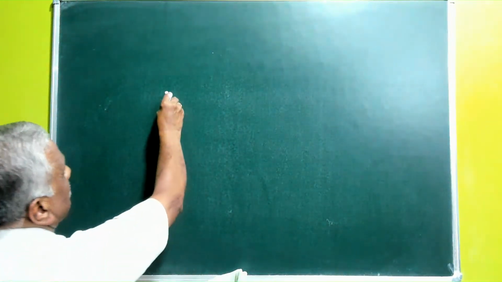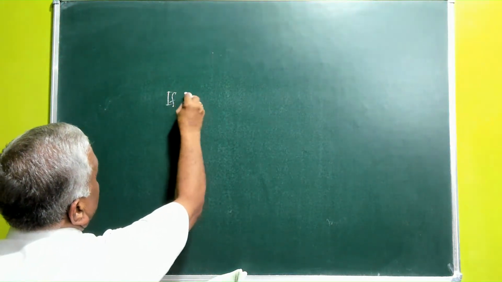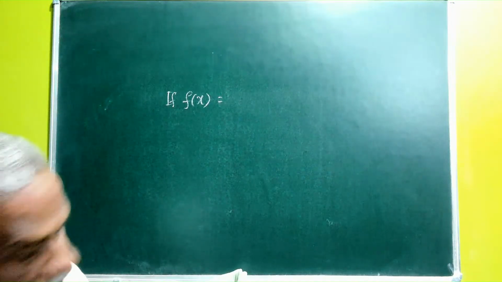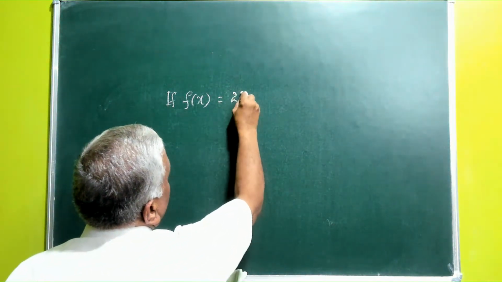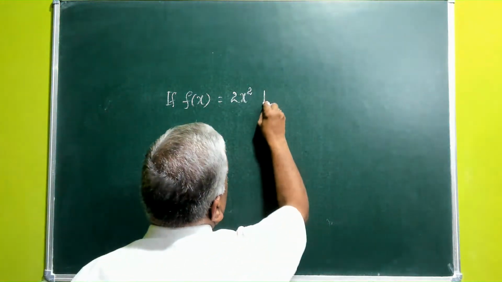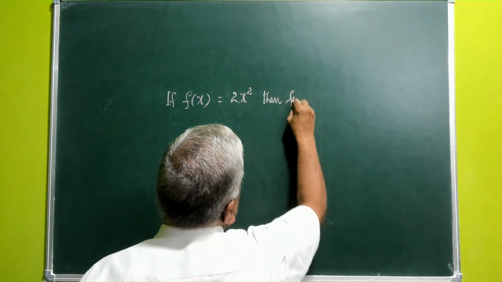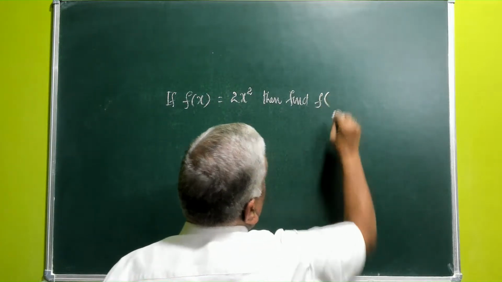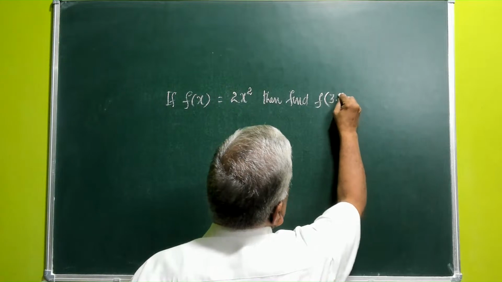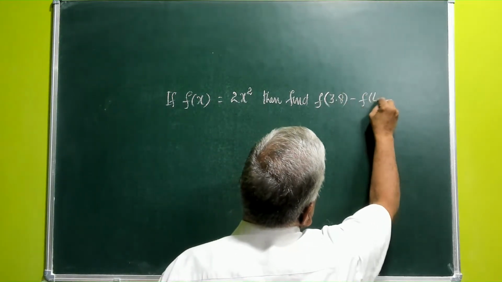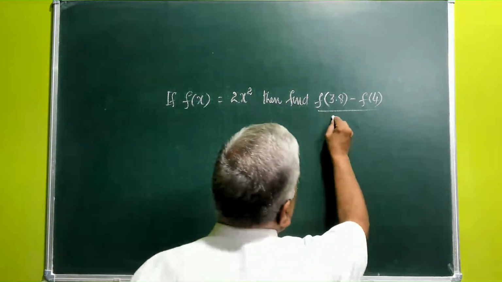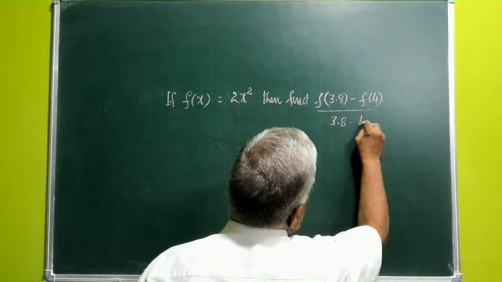If f of x equals 2x square, then find f of 3.8 minus f of 4 divided by 3.8 minus 4.